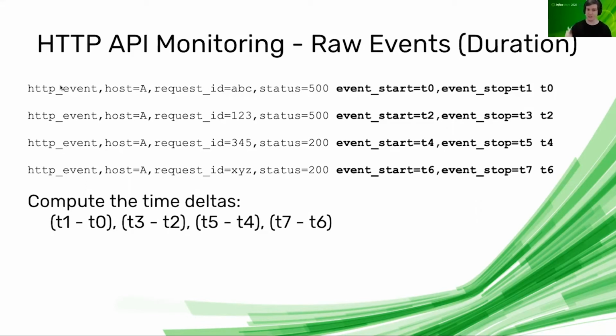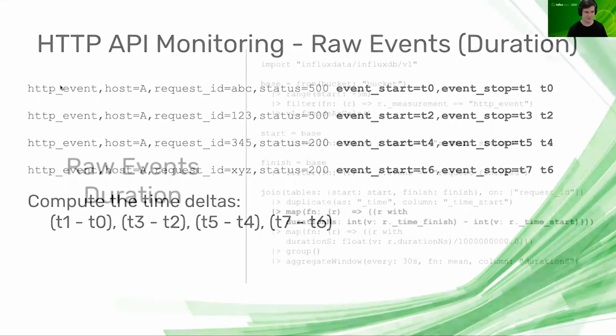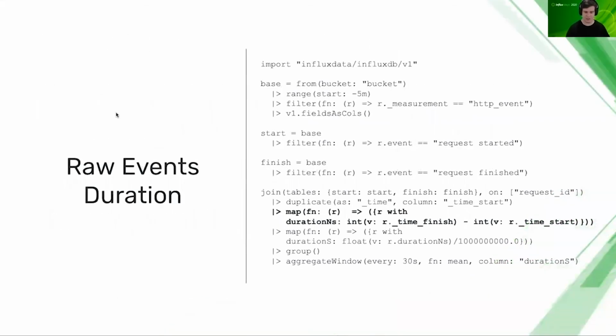From here, what we need to do is compute the deltas of each of those timestamps. To do that, we use the map function in Flux, and we take the difference of the finish time with the start time to give us the duration in nanoseconds. We then divide by 1 billion to turn nanoseconds into seconds.